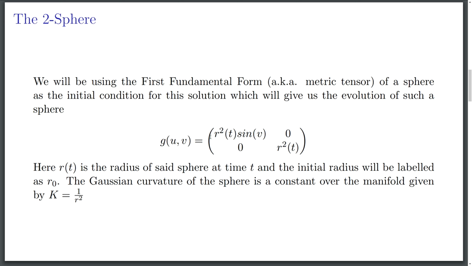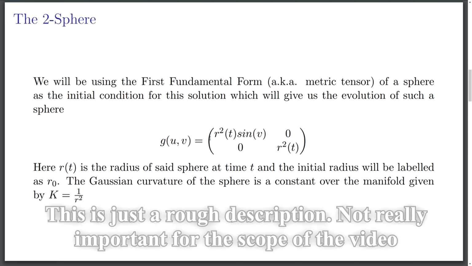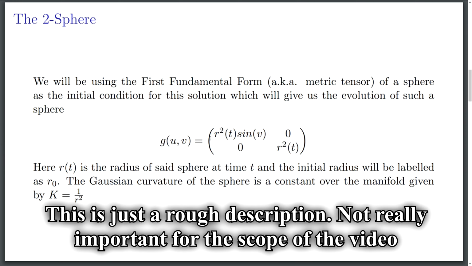Basically, this is derived from the surface equation in vector notation for a sphere, which is like r squared sine theta and r squared cos theta sine phi, whatever. I don't know it by heart. I should, but I don't. Oh well.